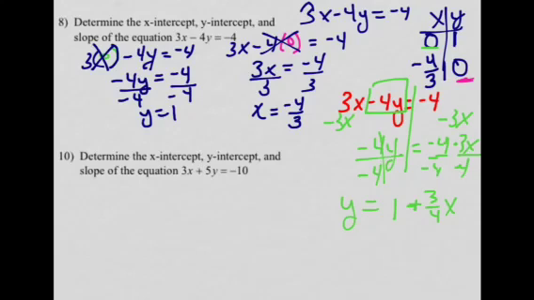So we have a slope of 3/4. And then go back to our original, just to remind ourselves, we had a y-intercept of 0, 1, and we had an x-intercept of negative 4/3, 0. And there you have it.